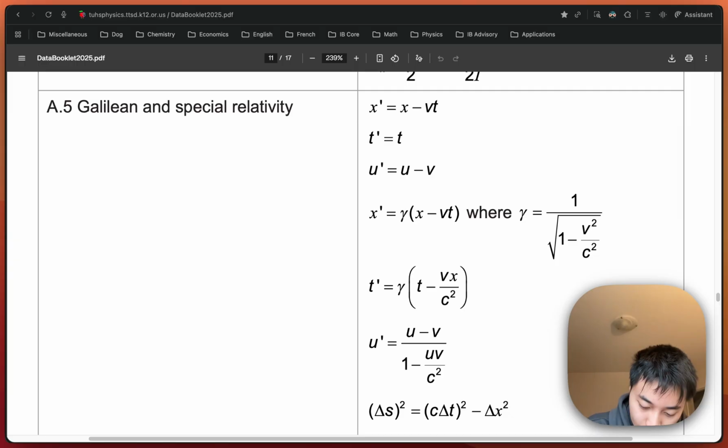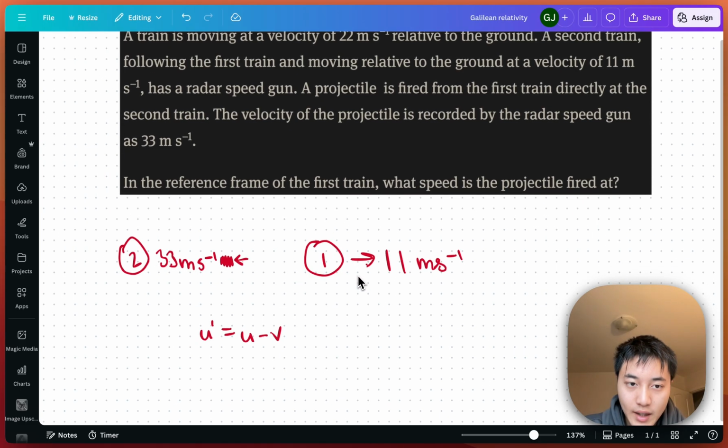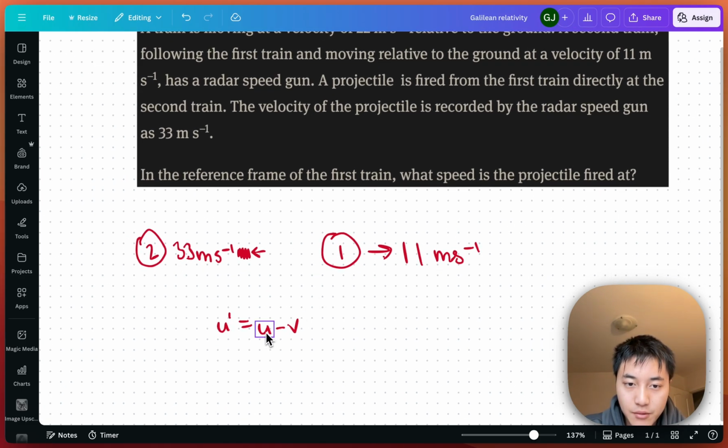U prime equals U minus V, where V is the relative velocity of the train, and U is the relative velocity of the event or the projectile with respect to the stationary, and U prime is the velocity of the projectile with respect to the moving reference frame. Okay, and that's what we want essentially.